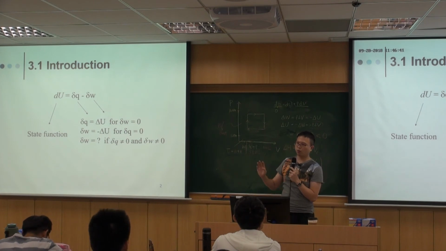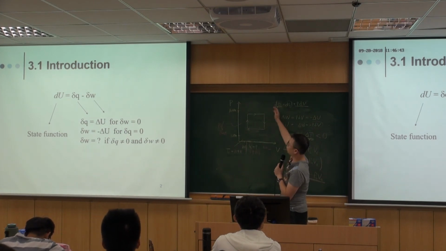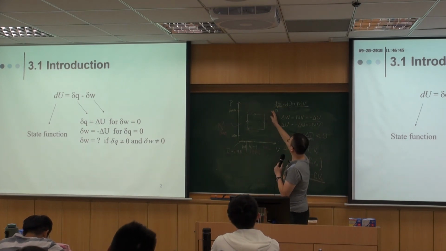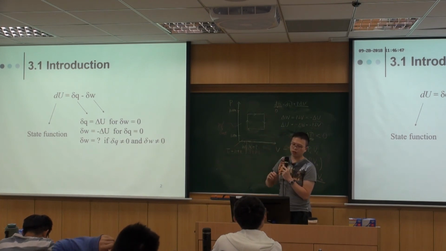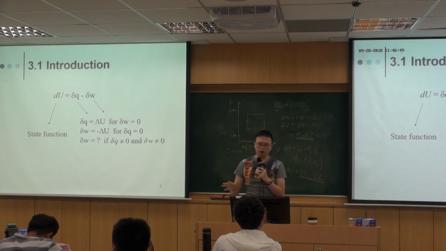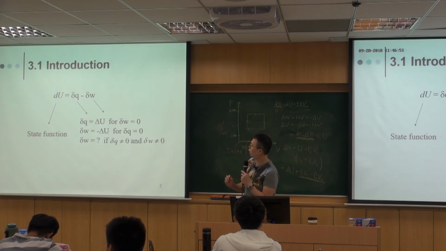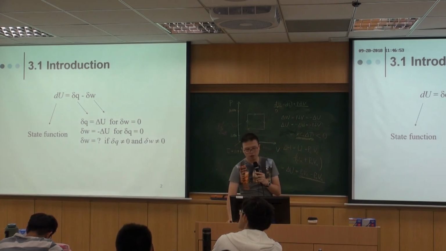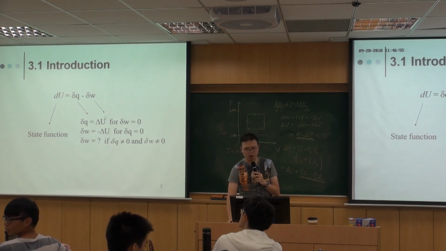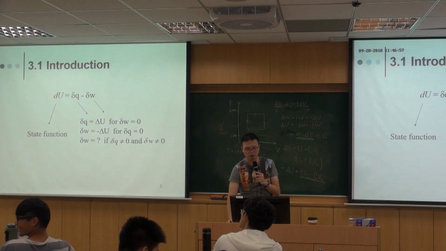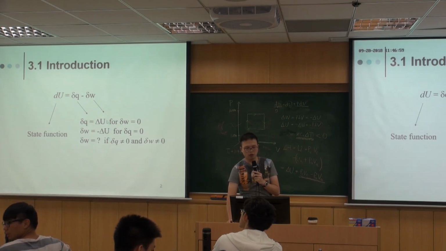So there's no PDV work, and the heat transferred into the system will be directly converted to the change of internal energy. So here delta W is 0, then delta Q is delta U.